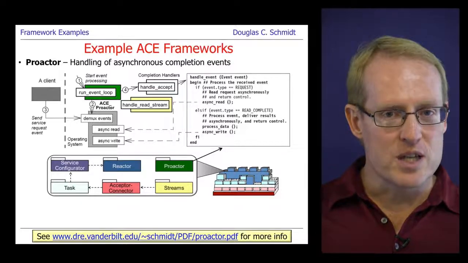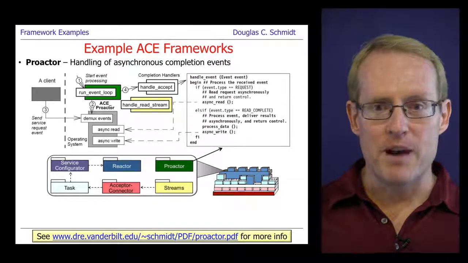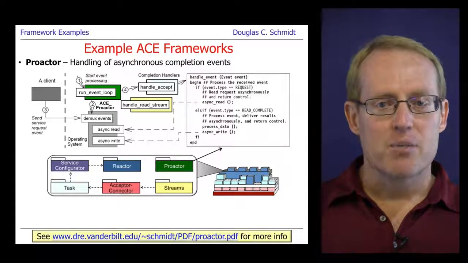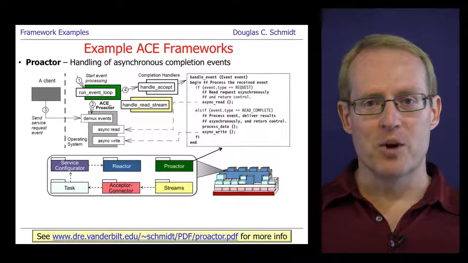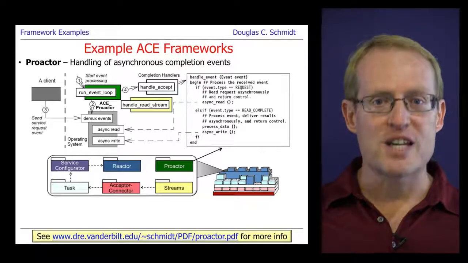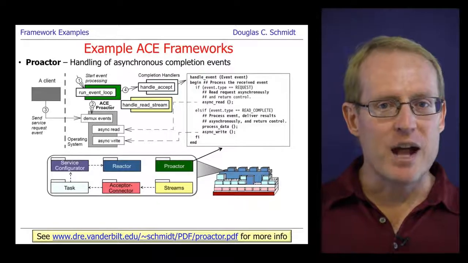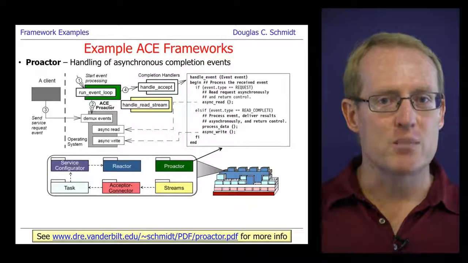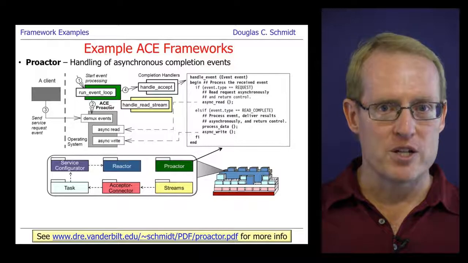So this is typically something that can be provided by a framework in ACE called the Proactor framework. The Proactor framework is responsible for allowing applications to invoke these operations asynchronously, and then it keeps track of their completion as they run asynchronously, and then dispatches completion handlers when the operations have concluded.